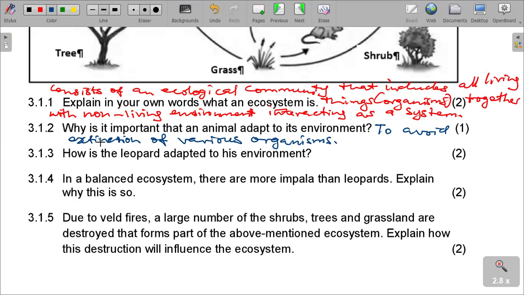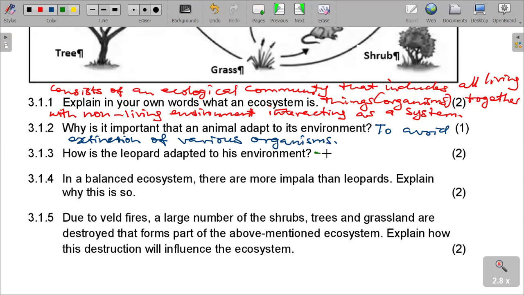1.3.3, how is the leopard adapted to this environment? The leopard is camouflaged due to its coloring and spots.